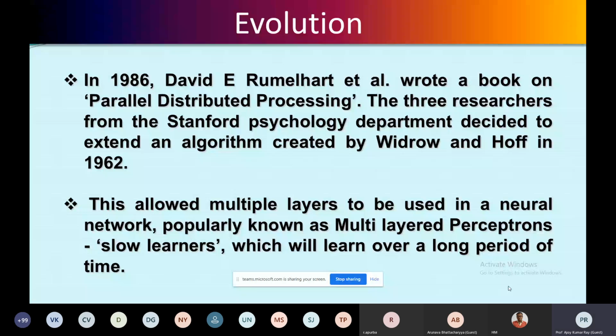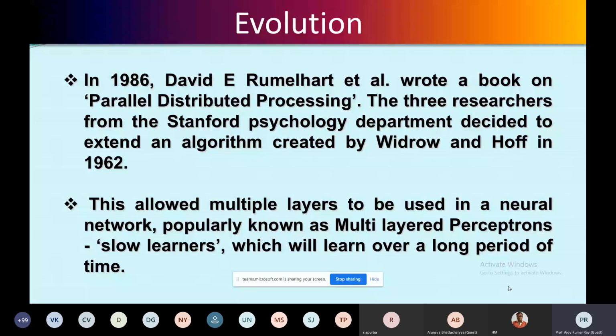And this whole work again led to the rejuvenation of the area of neural networks with the introduction of the multi-layered perceptron. Because many of you might have started working in this area. It's known as MLP. And slowly this multi-layered perceptron, they can learn. Now we have to understand, it takes a lot of time.